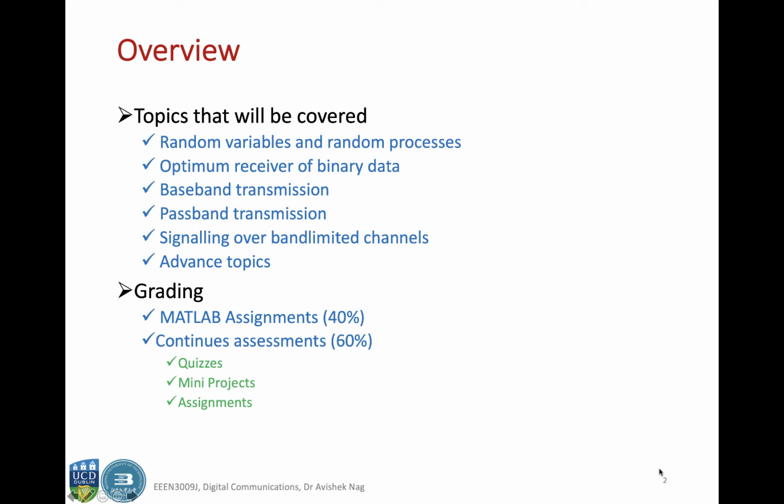So this is the overview of this module. The topics that will be covered under this module are random variables and random processes. We will start with a bit of introduction to probability theory and random variables and random processes. You have probably gone through these concepts in your maths class in maybe first year or second year, but we will revisit some of these concepts because it's very important in the digital communication module.